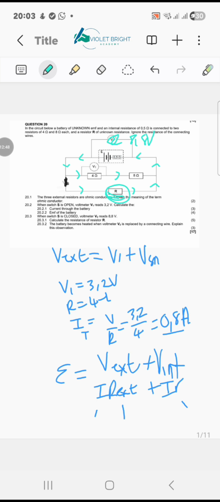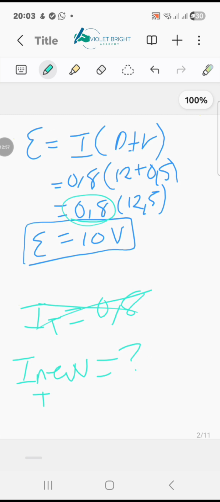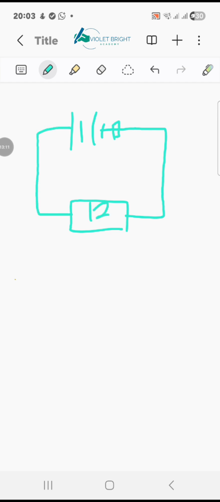Resistor R, how are we going to find it? First of all, let's draw a simplified drawing of this resistance, since we have resistors that are in parallel. It will be something like this. We have the one that is 12, everything combined, and the internal resistance and the battery.